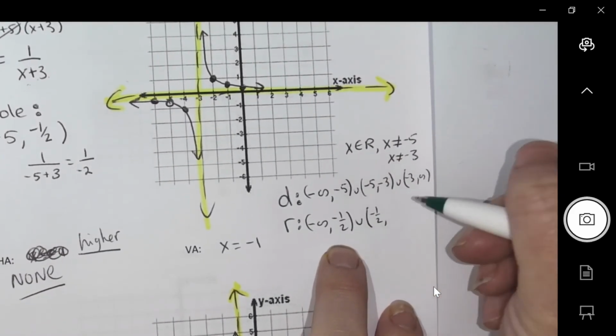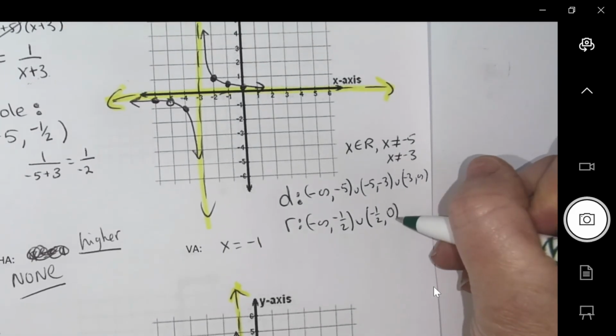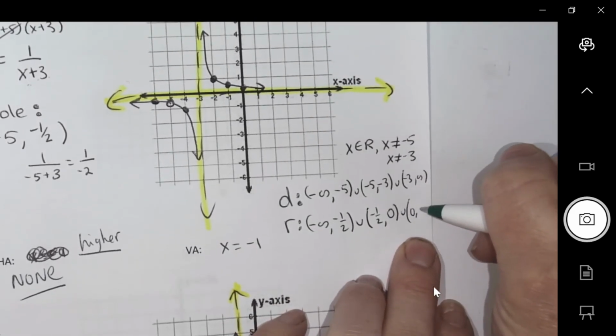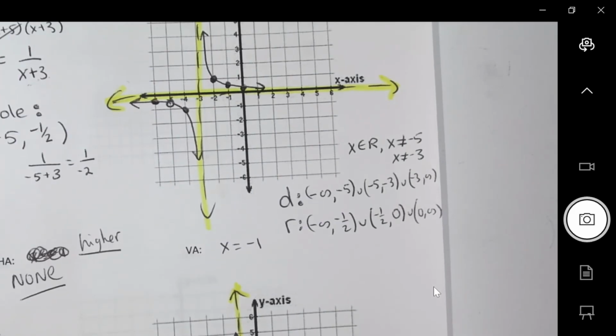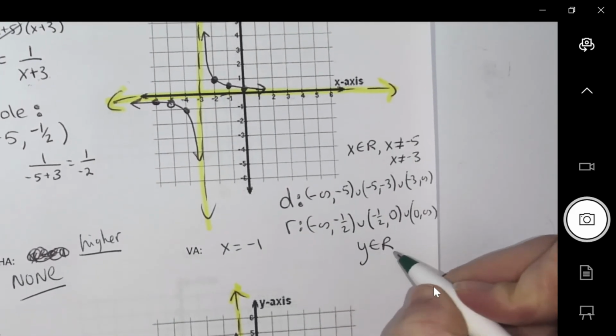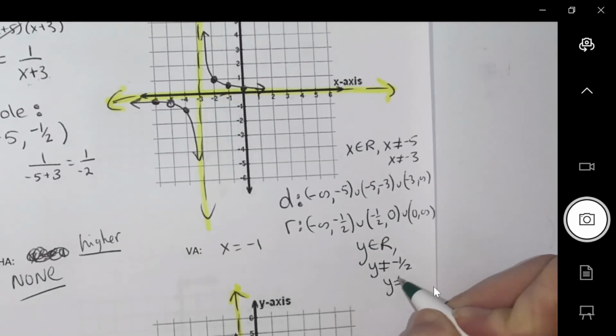Then from the hole I can continue all the way up to 0. And then once I hit the height of 0, I had to skip that. And then I can continue again. Y can be any real number except -0.5 or 0.